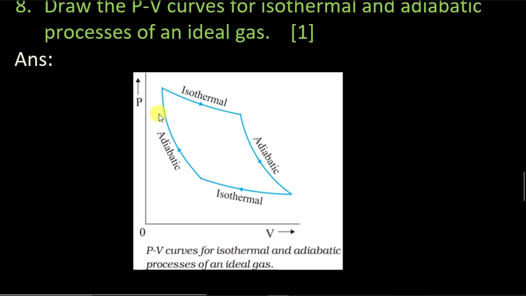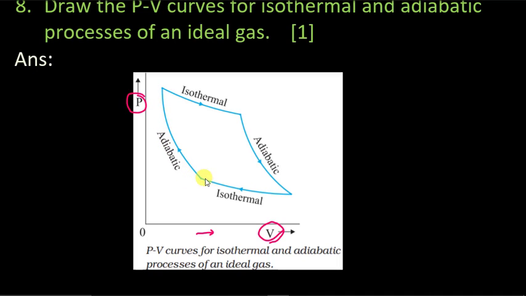Draw the PV curve for isothermal and adiabatic processes of an ideal gas. So now we draw volume V along the x-axis and pressure P along the y-axis. So this is the adiabatic curve.